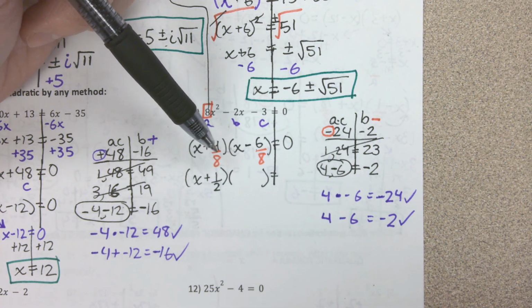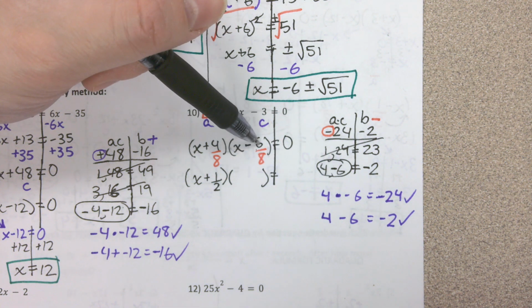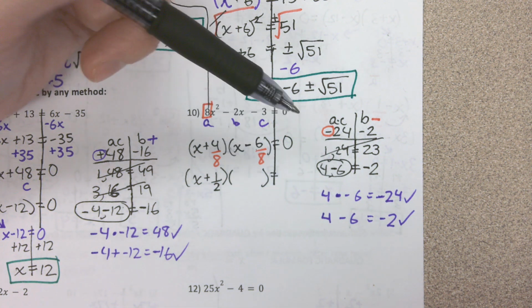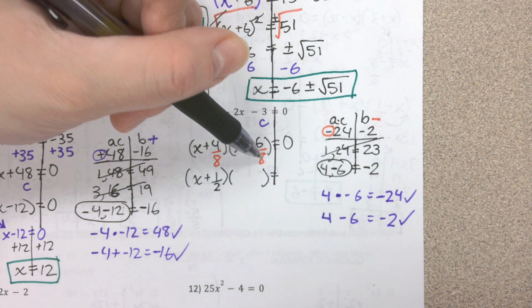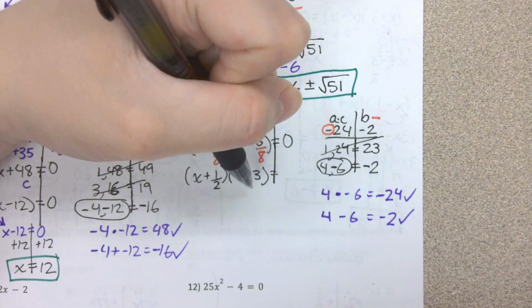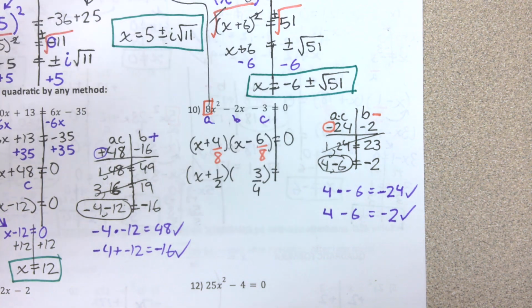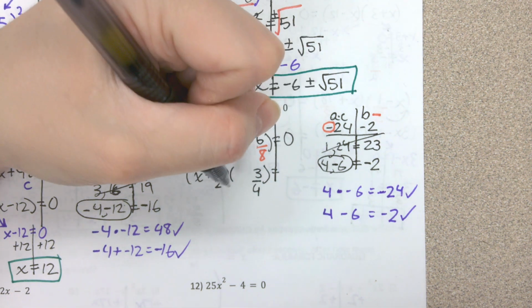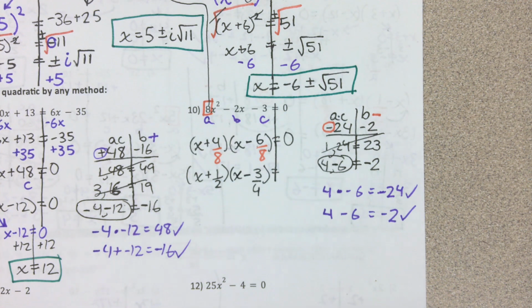Here we have negative 6/8, which again, we can simplify down to, we can divide them both by 2. So this can become 3 over 4. Divide them by 2? Yeah, 3 over 4. So then we have x minus 3/4.